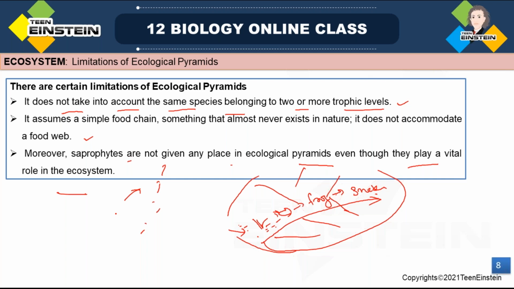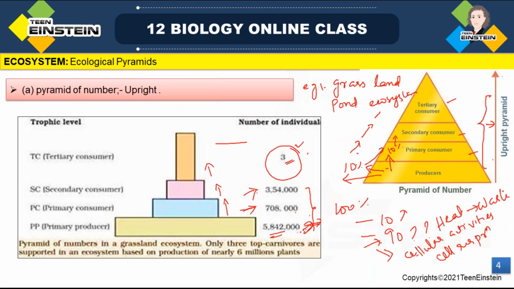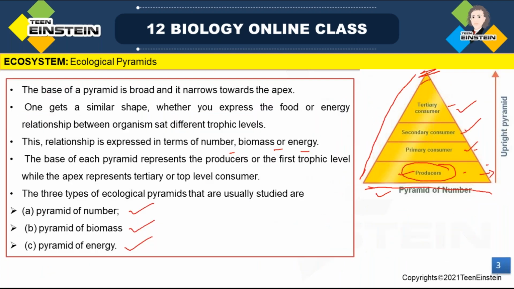Got it? So today we have learned about the ecological pyramid, pyramid of energy, pyramid of biomass, and pyramid of numbers. All these are very important because you will get questions of these types. You will get an energy pyramid, and they will ask you whether this is inverted type.